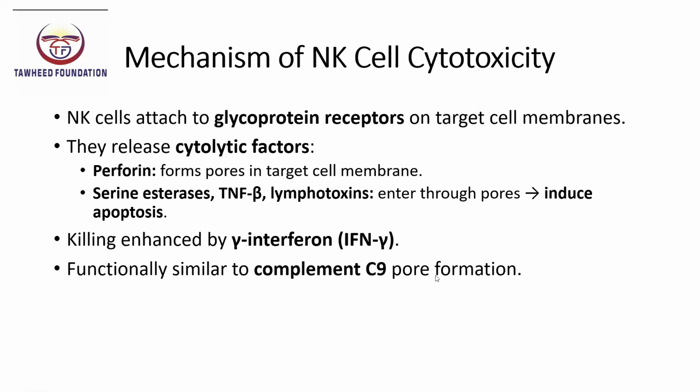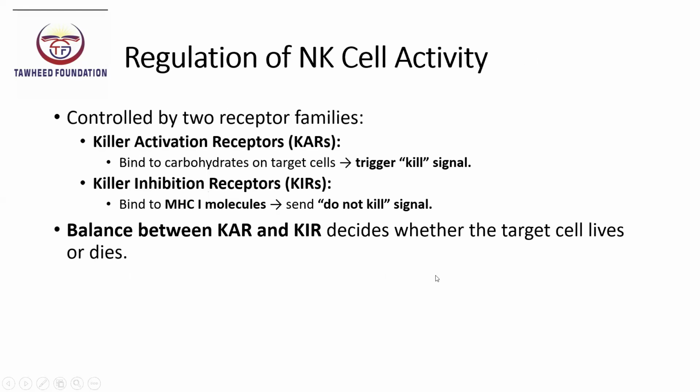malignant cells efficiently. Next is regulation of NK cells. NK cell activity is controlled by two receptor families, killer activation receptors and killer inhibition receptors. Killer activation receptors recognize carbohydrate or stress signals on target cells, triggering kill signals.